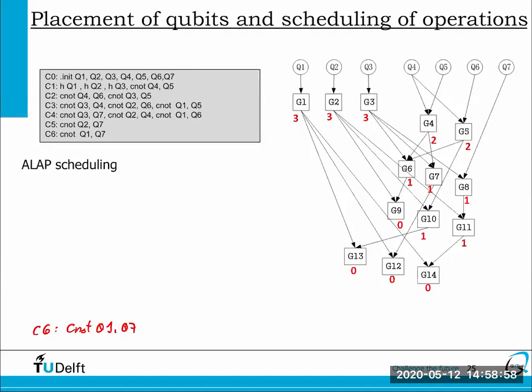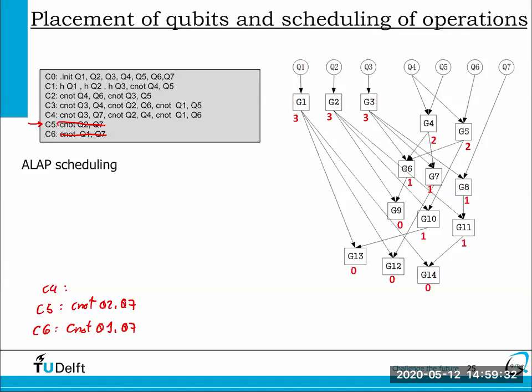Can I move C naught, Q2, Q7? This one I can already remove, right? Because it's already there. Can I move this one to cycle 6? No, because it's also using Q7. So it has to stay there. Okay, this is done.